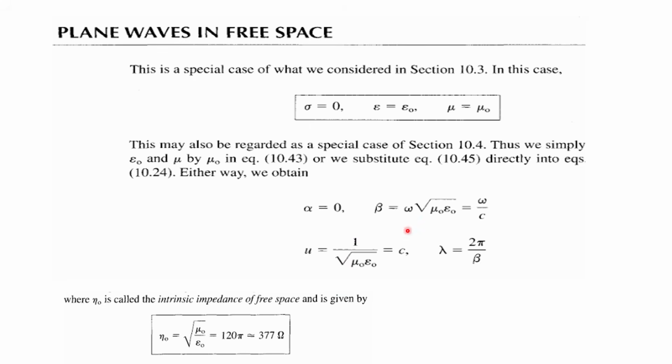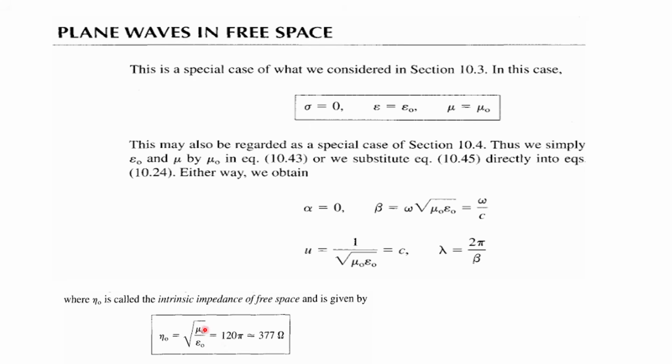And so again, propagation constant gamma will be equal to alpha plus j beta. So put the values of sigma equal to 0 and these values, you will get gamma, since alpha is 0, the same as beta. Then finally, intrinsic impedance can be written as square root of mu naught by epsilon naught.